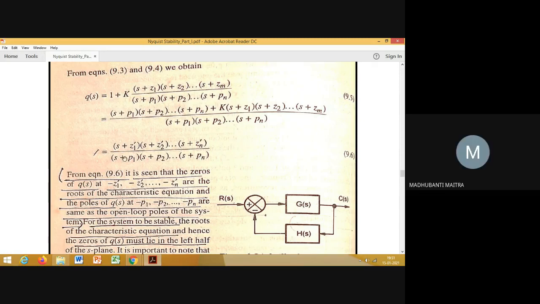So now for the stability of the system, what is required? It's required that all the roots of the characteristic equation, that means all these Zi dashed, should lie in the left half of the S-plane, that we know.